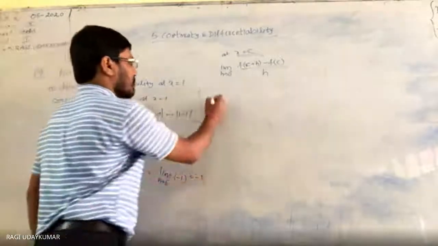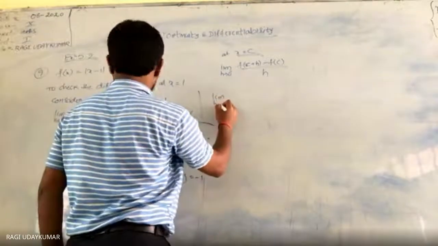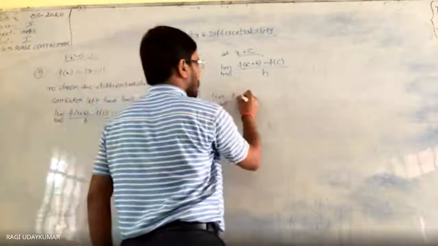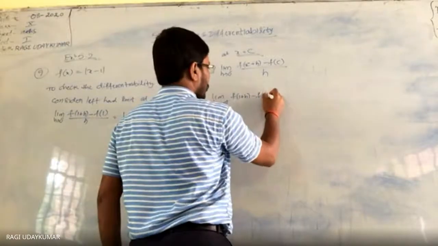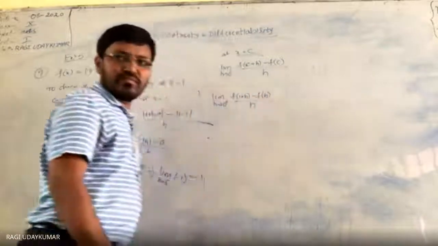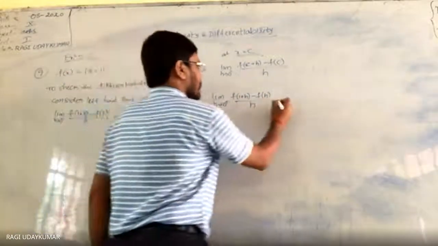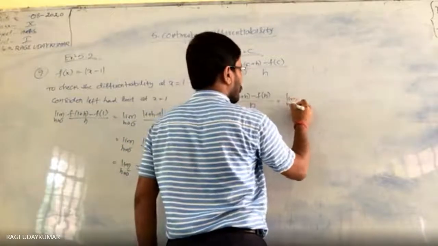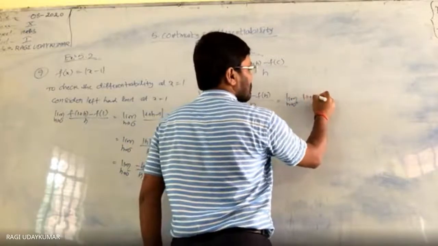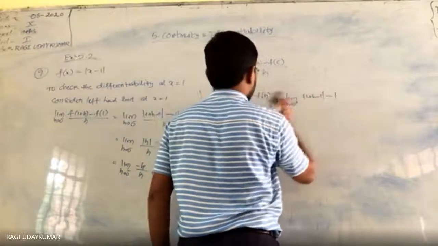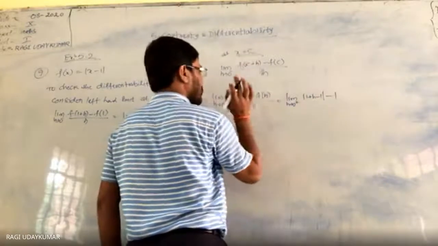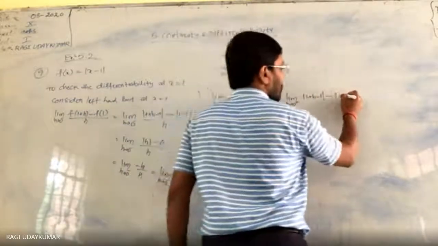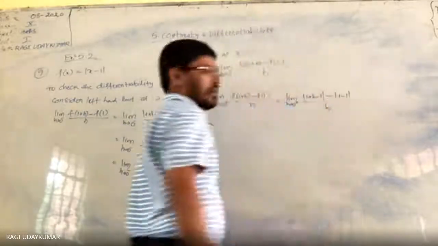Next, limit h tends to 0 plus, f of 1 plus h minus f of 1 by h. So now what do you get here? Limit h tends to 0 plus, modulus of 1 plus h minus 1, minus modulus of 1 minus 1, by h.